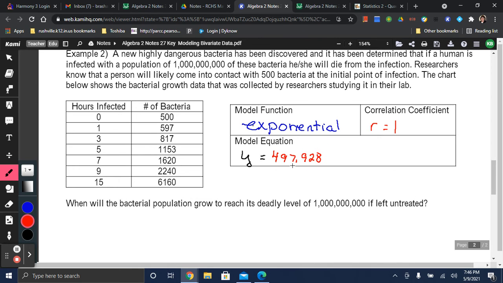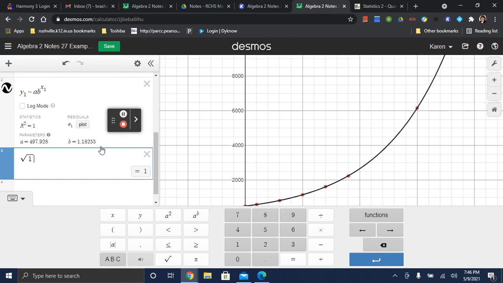And then this is times B. So I'm going to use a parentheses for that. And let's find our B value, which is positive 1.18255.